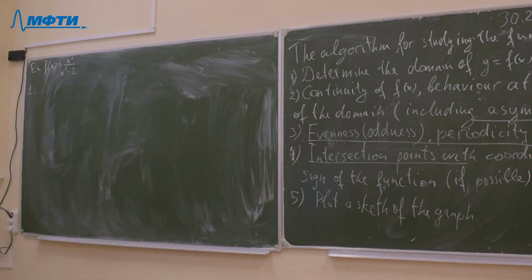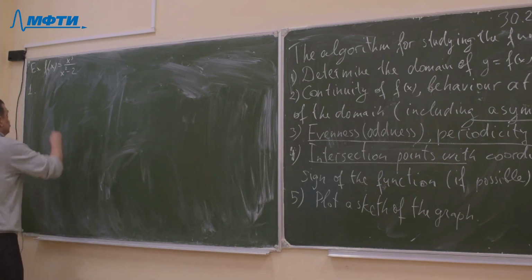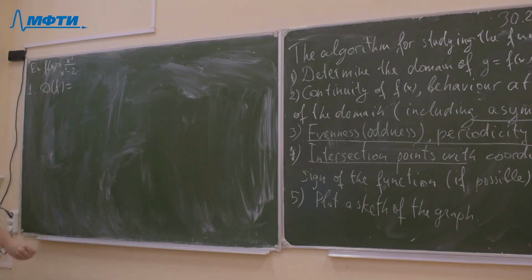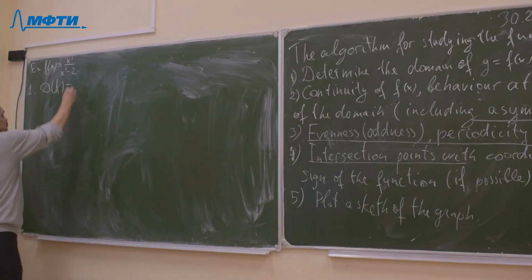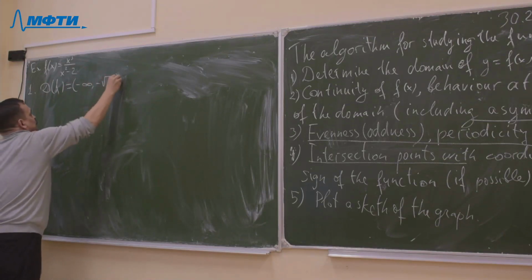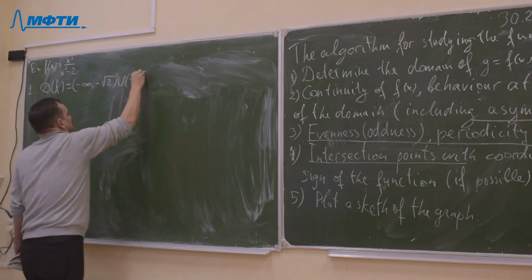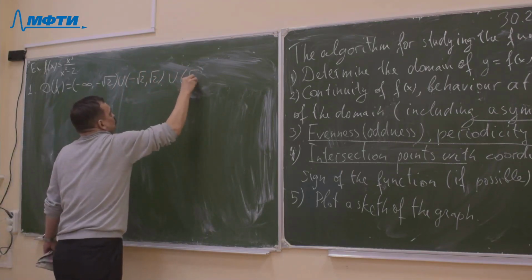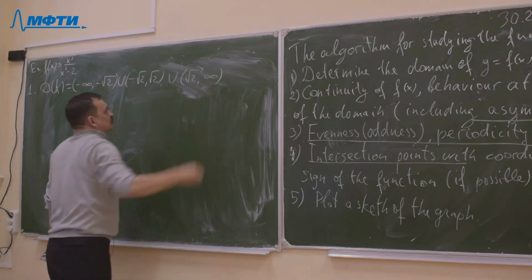Okay, so let's start with the domain, right? What is the domain of our function? Here it's obvious: minus infinity to minus square root of 2, minus square root of 2 to square root of 2, and square root of 2 to infinity, right?